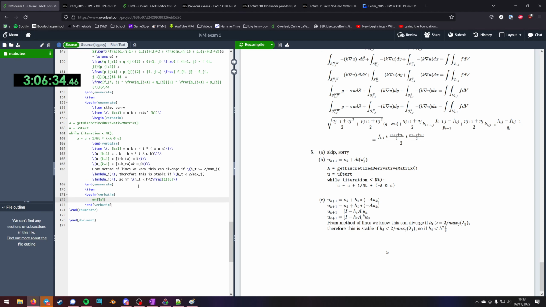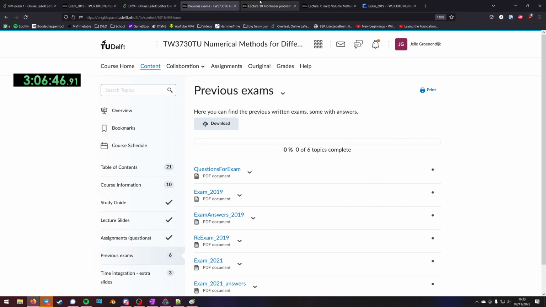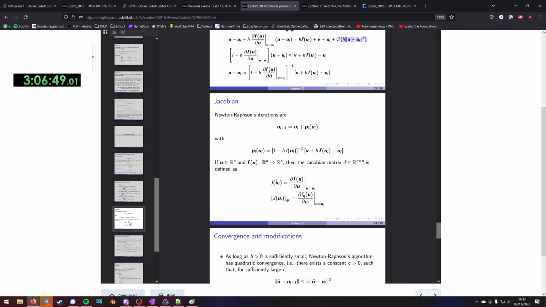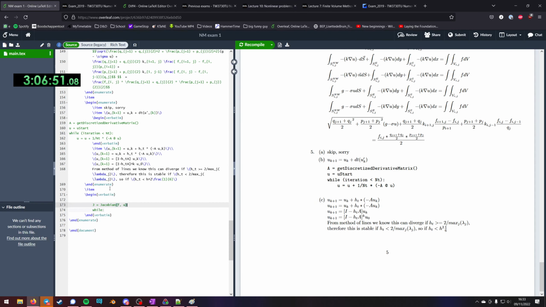So while, J is the Jacobian, and to get the Jacobian you need F, you need U. Do you need to calculate it per thing? Yeah, you need it. Okay, so it's something I can't just calculate here.